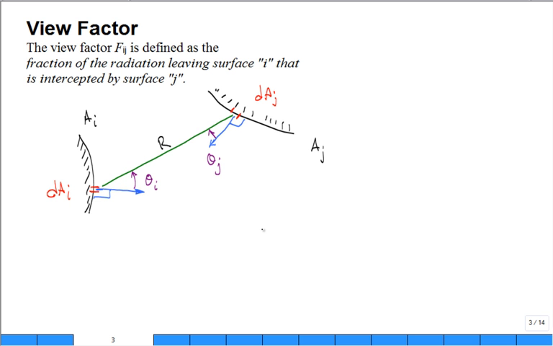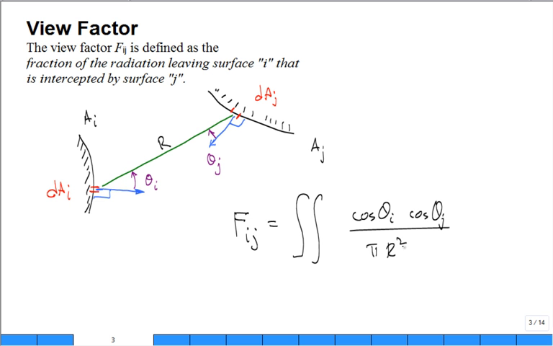So here's the big equation. We're going to derive it in a second. But here's the equation for the fraction of photons that are diffusely coming off of surface i due to either emission or reflection, which go and impinge or strike or hit surface j. It's equal to an integral of cosine theta_i cosine theta_j divided by pi r squared. And so the integrand of that integral, we know what each of these terms mean.